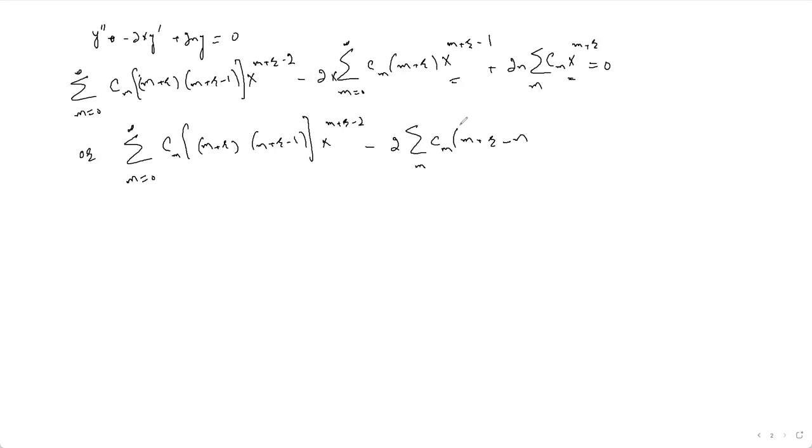This 2 again I am taking out, minus into minus will become plus, this will be 2n, then x raised to power m plus r is equal to 0. I just combined these two terms. So this is like this.